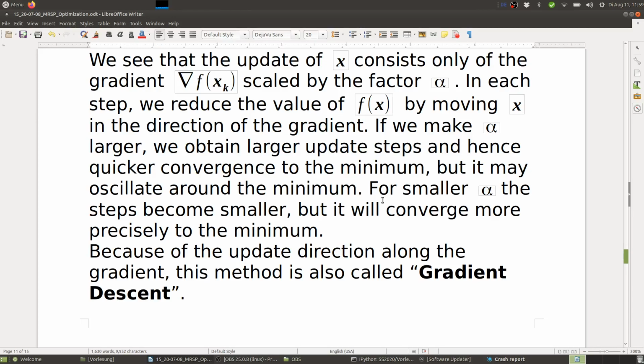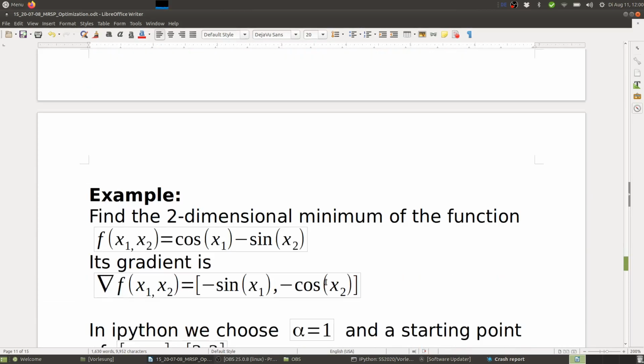For smaller alpha, the steps become smaller, but it will converge more precisely to the minimum because there's less overshooting. Because of the update direction along the gradient, this method is also called the gradient descent.